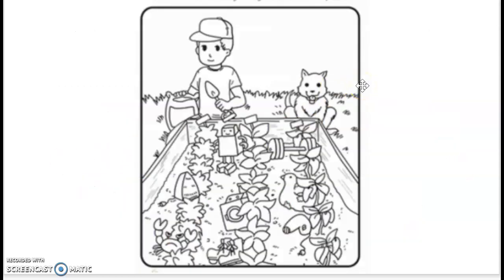Sometimes, this is how it's going to look in your sheet, and I apologize if this picture is not a very good picture. So I have a little boy who's in a garden, and he's planting things, and there are some things that don't belong in a garden. So first, does a plant belong in a garden? Yeah. Does a blow dryer belong in a garden? No, so I might put an X on my blow dryer and say that my blow dryer does not belong.